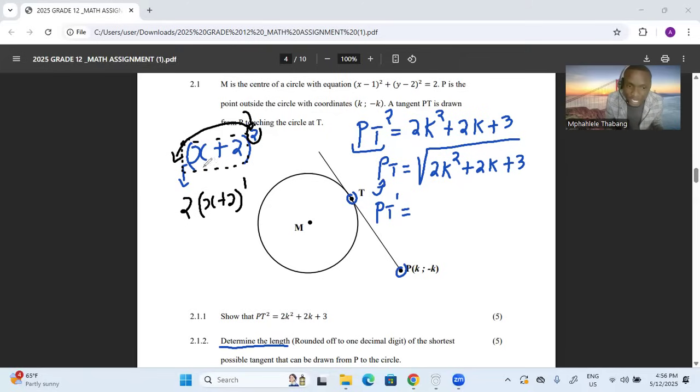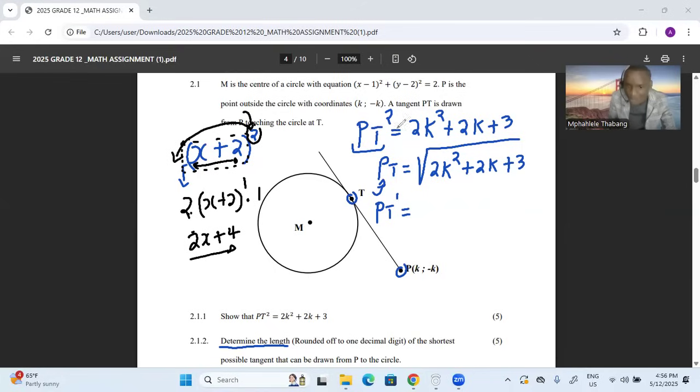If you differentiate x plus 2 alone, it's 1. So we see that the derivative is actually 2 times x is 2x, 2 times 2 is 4. So I applied the chain rule of differentiation.